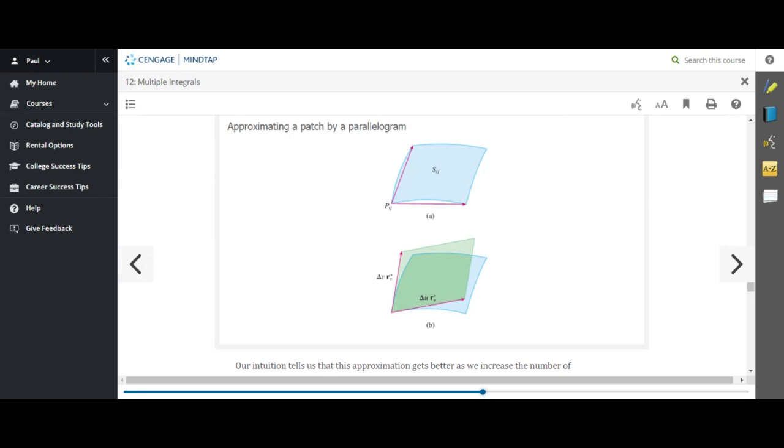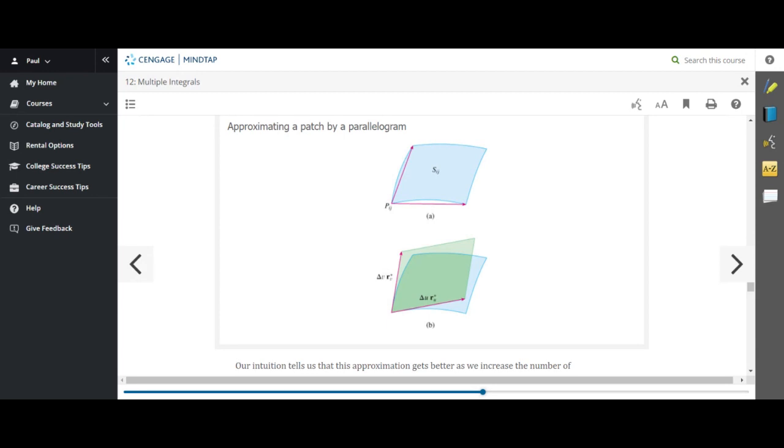Well, we can pick a lot of points on the quilt, but for every point, adjust the tangent vectors r sub u and r sub v by multiplying by delta u and delta v to make the tangent vectors short. And so you have a very small parallelogram that approximates the patch where that parallelogram is.